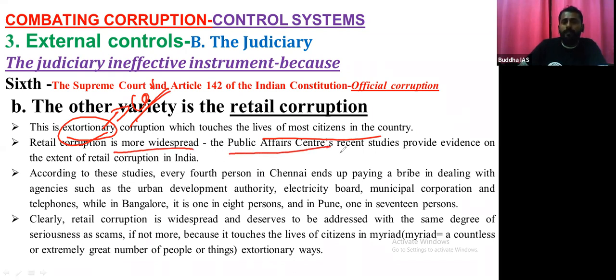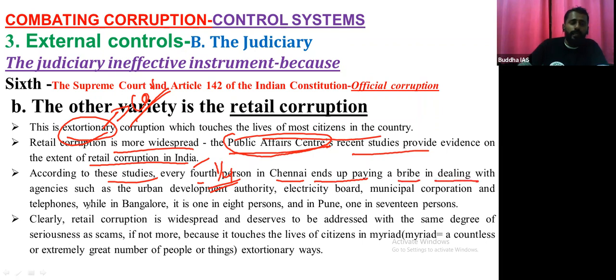The Public Affairs Center's recent studies provide evidence on the extent of retail corruption in India. Public Affairs Center, this is an organization. According to these studies, every fourth person, one in four, in Chennai ends up paying bribe in dealing with agencies such as Urban Development Authority, Electricity Board, Municipal Corporation, Telephone.